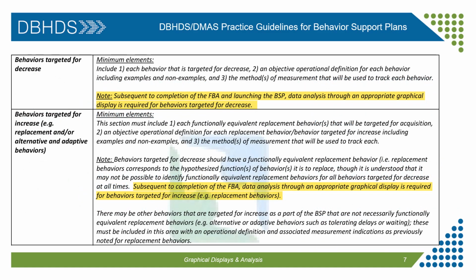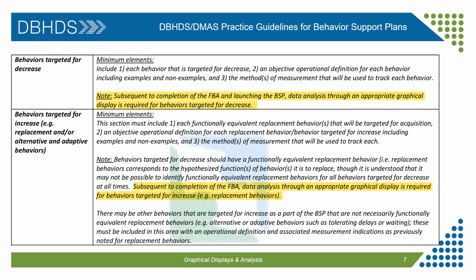The DBHDS DMAS Practice Guidelines for Behavior Support Plans outline the required content areas and associated minimum elements for behavioral programming through the Therapeutic Consultation Waiver Service. The practice guidelines require data analysis through an appropriate graphical display for behaviors targeted for decrease and the behaviors targeted for increase, subsequent to completion of the FBA and launching of the BSP.